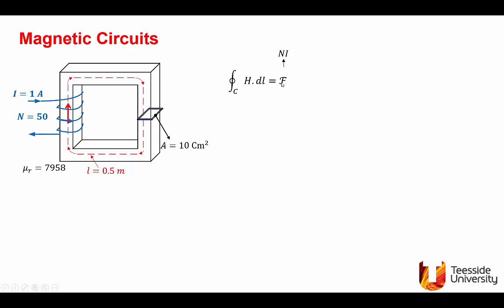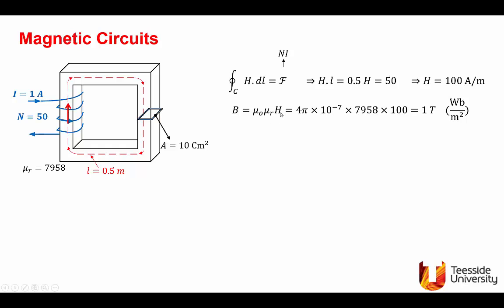F is Ni, and the integral of H.dl, we know L is 0.5, and that will give you H is 100 amp per meter. From that, B is mu naught mu R H, and here is my mu R. This is the mu R, and it will give you a nice figure, 1 Tesla.